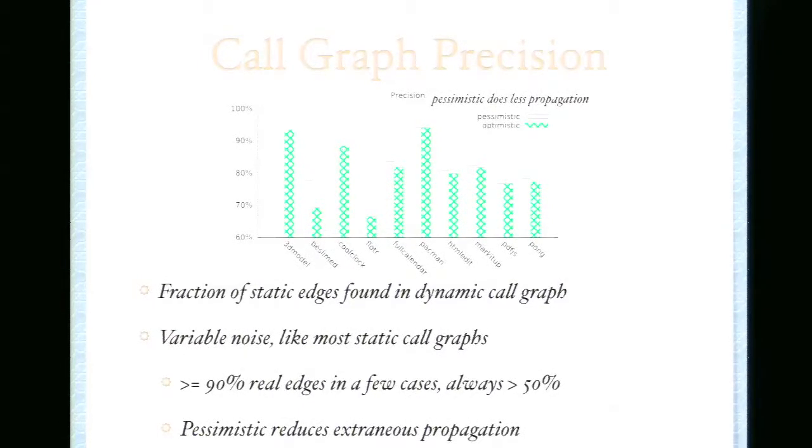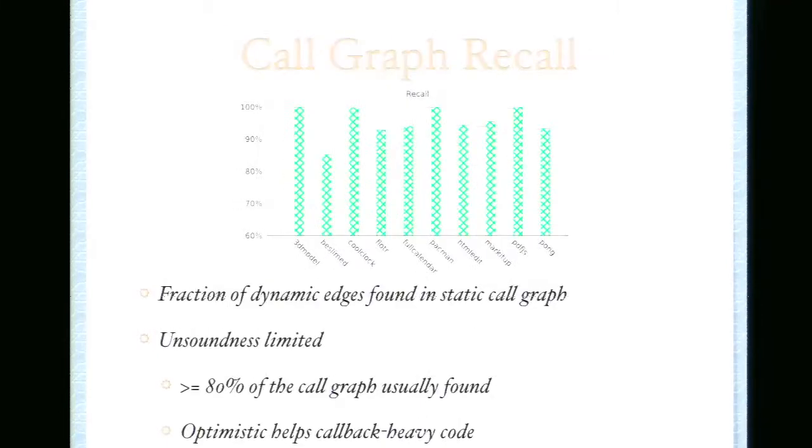So precision is lower in the optimistic. We're finding fewer edges, we're following fewer things. So we are going to produce a subset of the edges. So precision in this case goes up because we're doing less propagation, we're getting less noise.